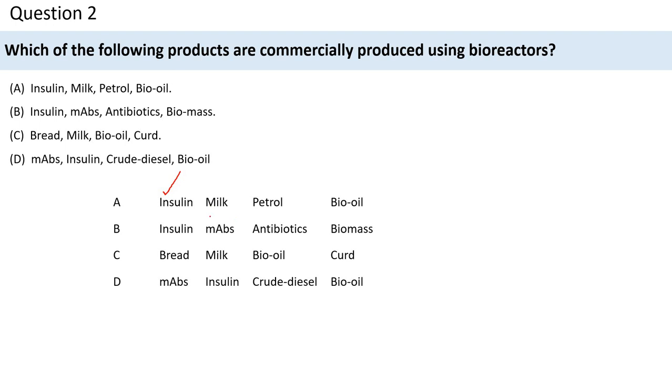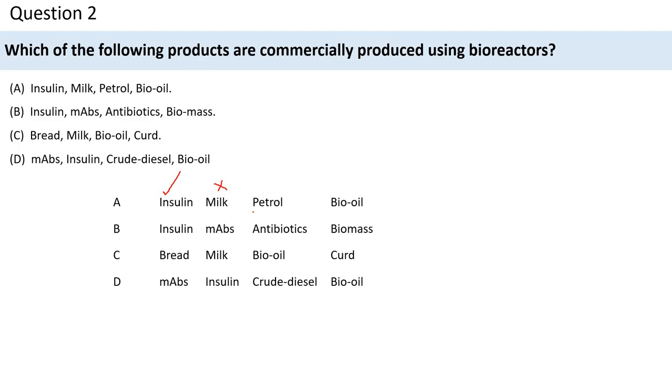I'm very sure that milk is not being produced by bioreactors, but there are many dairy industries producing milk proteins like casein and renin commercially using bioreactors. So that is true, but if you just say milk, that is a wrong answer. Milk is not commercially produced using bioreactors.